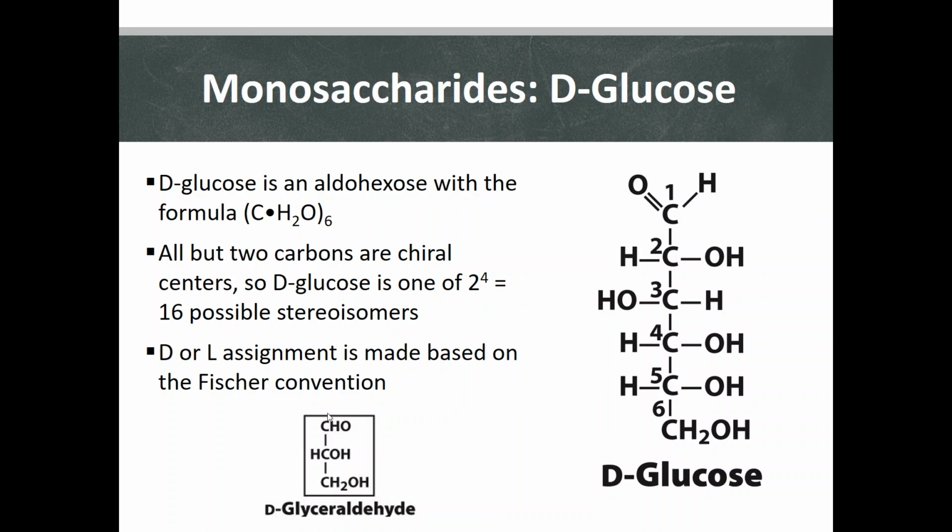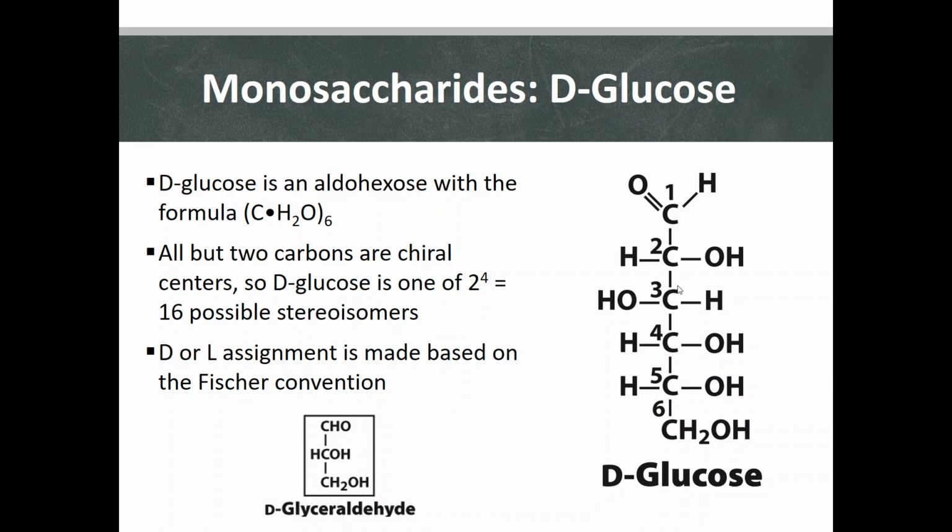So if we take that knowledge and translate it over to D-glucose, you should see at the fourth chiral center, or the chiral center that is furthest away from the carbonyl group, you have a hydroxyl group that is pointed to the right, which defines the overall molecule as being of the D configuration. Now, I want to highlight here that if we walk through the different chiral centers, you'll see, oh, here I have a hydroxyl group pointed to the left.